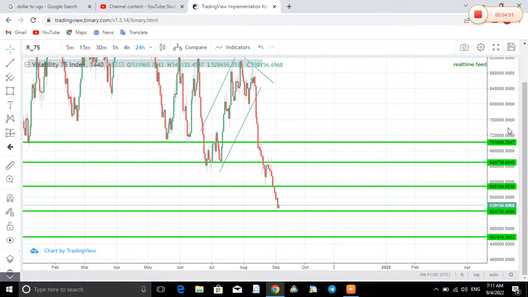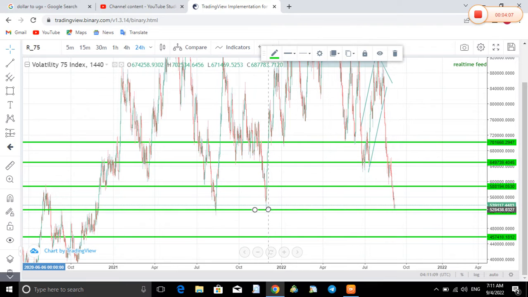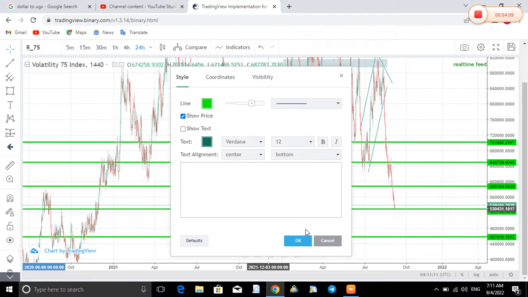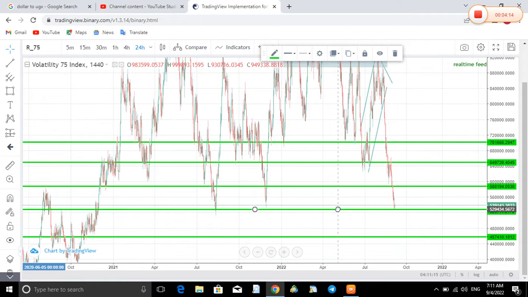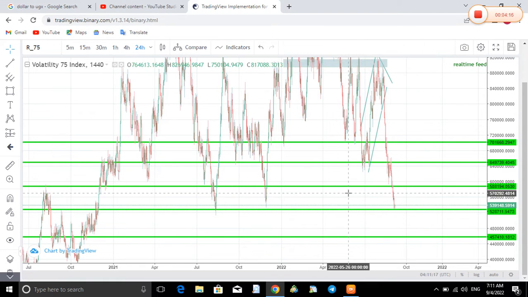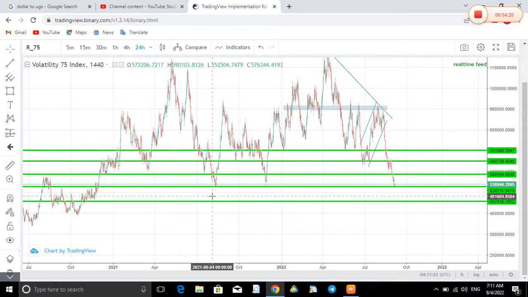But if I try to zoom out to see currently where the price is playing around, I'm trying to make this level so perfect. I can see we are on a major market key level.